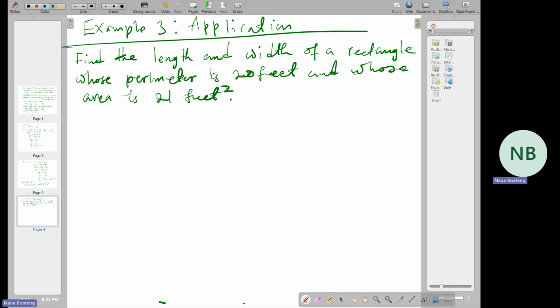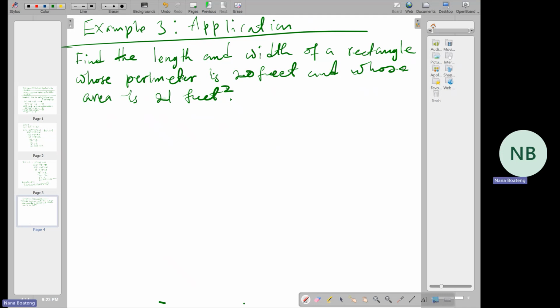All right, so we have an example where we are given some pieces of information, and it says to find the length and width of a rectangle whose perimeter is 20 feet and whose area is 21 square feet.